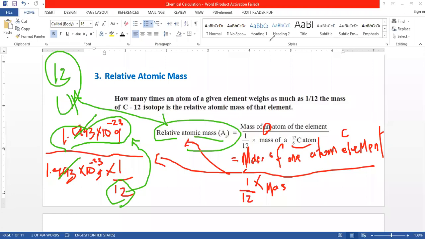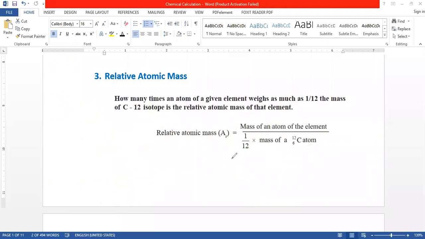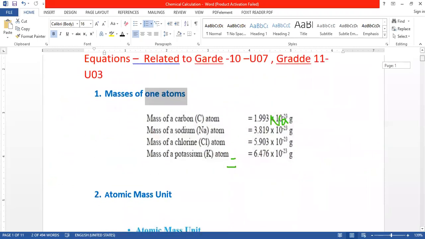Again, if I put the mass of one atom, instead of carbon, if I put sodium here, look at this. What is the mass of one atom of sodium?